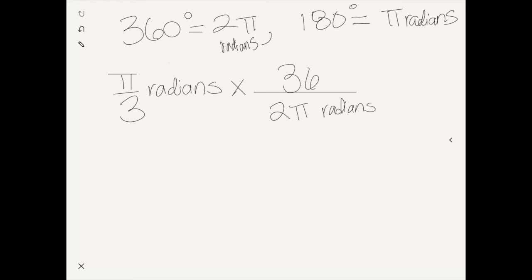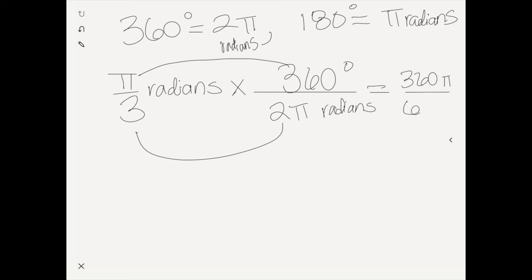So we're going to do 360 times pi. We get 360 pi. And then 2 pi times 3. 2 times 3 is 6. So we have 6 pi on the bottom. Remember, pi over pi cancels. And then 360 divided by 6, we have 60 degrees. So that is pi over 3 radians.